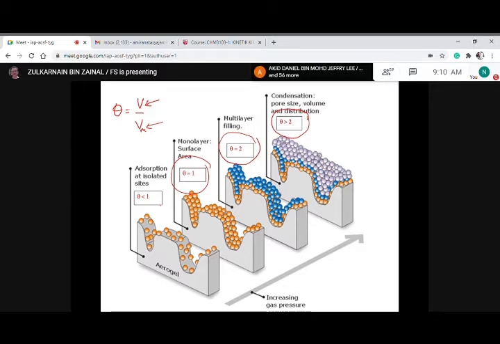And Vm is the maximum amount of gas molecules that can cover the surface to form a monolayer, right? Not the volume of molecules on the surface to form condensation, but the maximum number of molecules on the surface to form a monolayer.